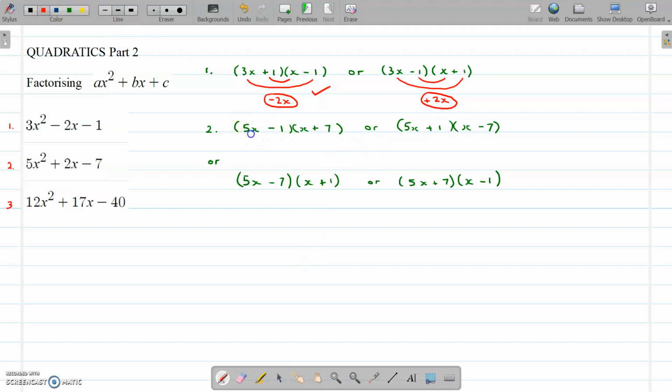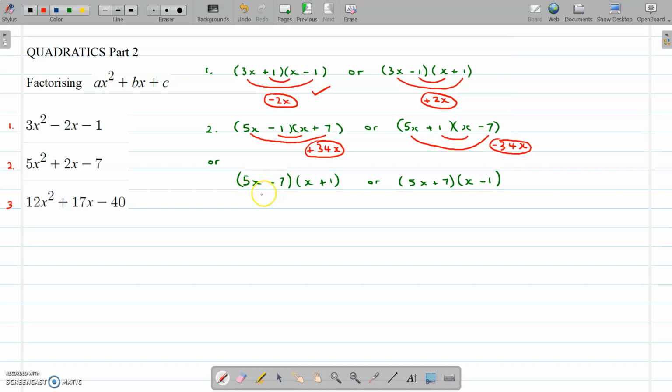So in the first one, we've got 35x minus 1x. Well, that's 34x, which is clearly not what we want, because we're looking for plus 2x, aren't we? So it's not the first one. The second one is giving us minus 35x plus 1x, so that's giving us minus 34x. Also no good.